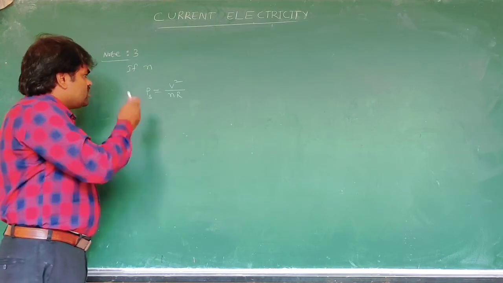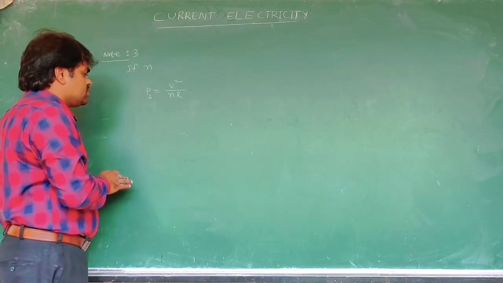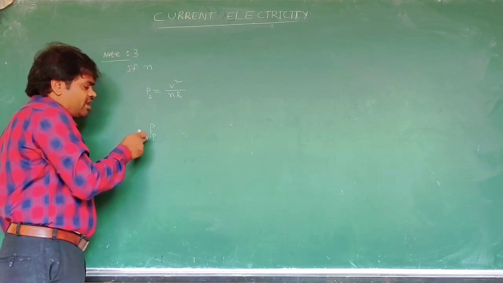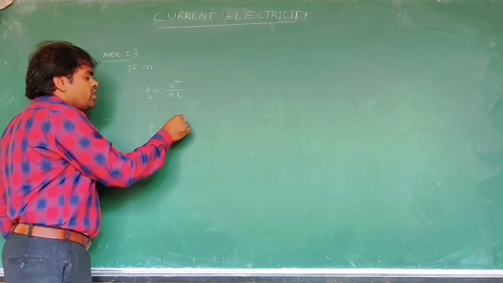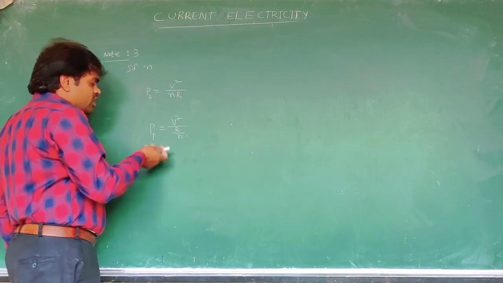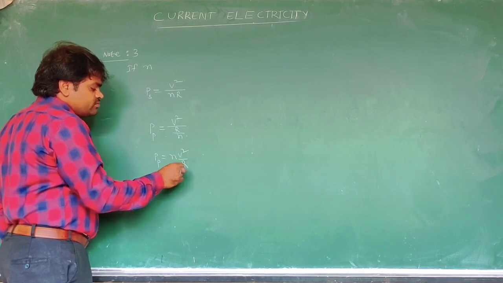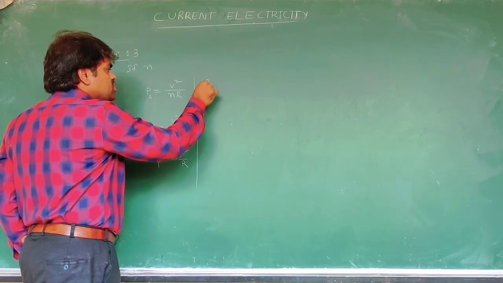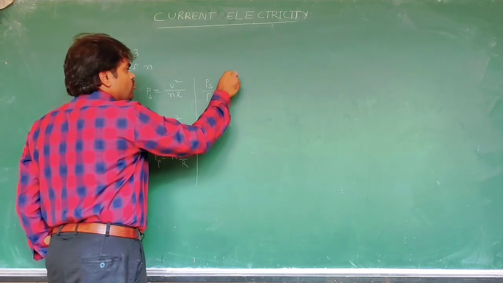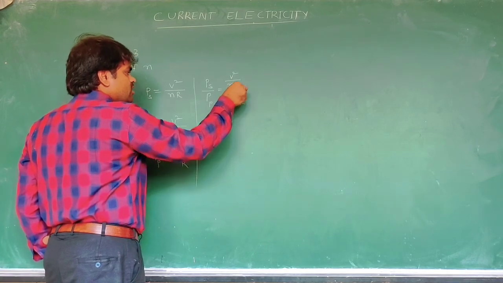If the same resistors are connected in parallel with the same voltage source, then the power dissipated PP is equal to V square by, since N resistors are connected in parallel, R by N. Then PP is equal to N into V square by R. Then we can take the ratio PS by PP, which is V square by NR divided by N into V square by R. Then cancel.